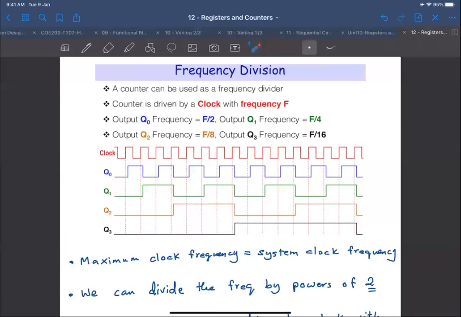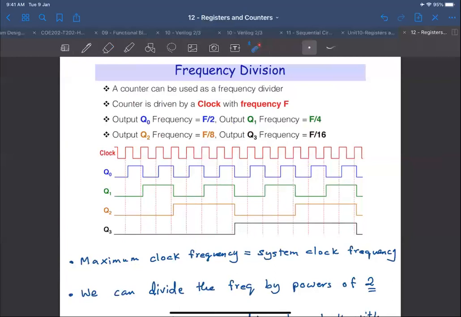We can derive something like half of the clock frequency, or even 1/4 of the clock frequency, and so on and so forth. So we can always use a counter to get powers of 2 reduction of the frequency.